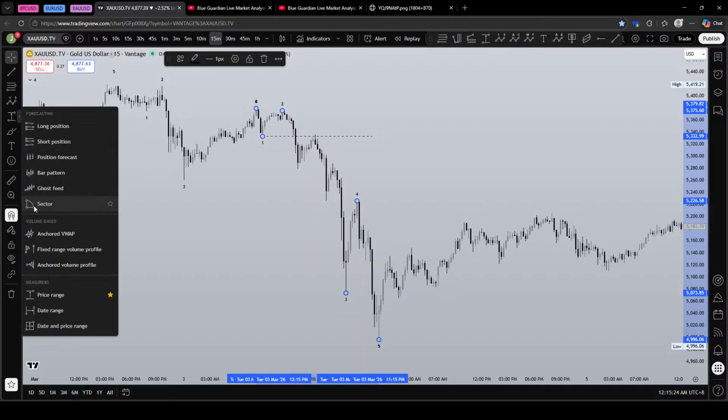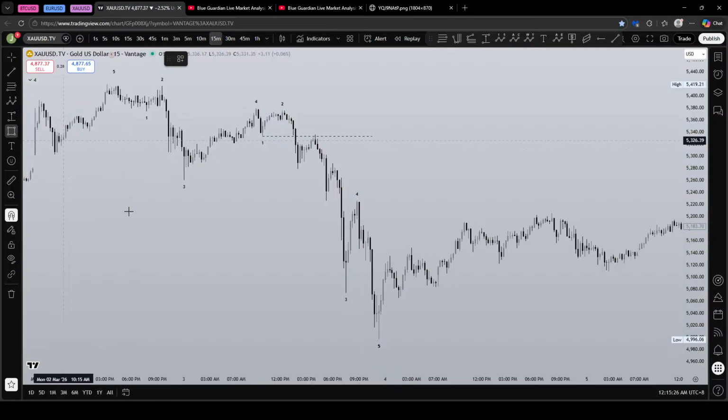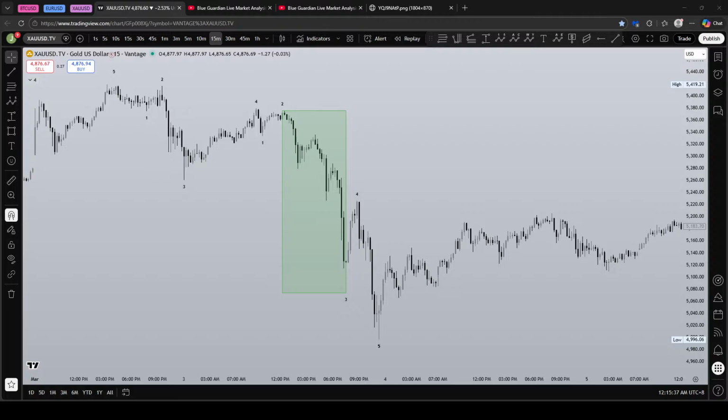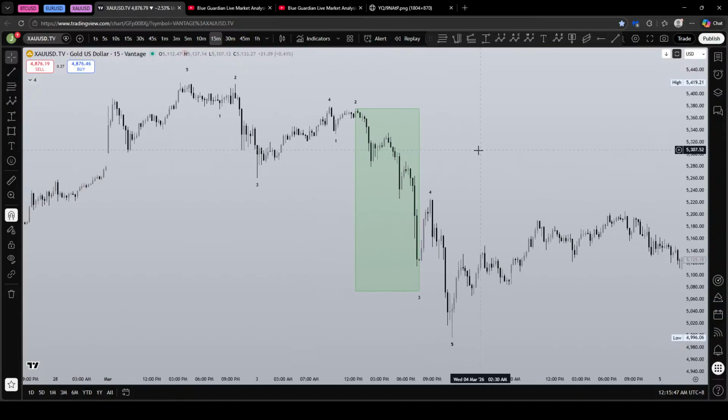Allow me to use the rectangle. I am talking about the internal waves of this one. Since this is the internal waves of wave 3, then the internal waves must follow the three cardinal rules of Elliott wave theory.